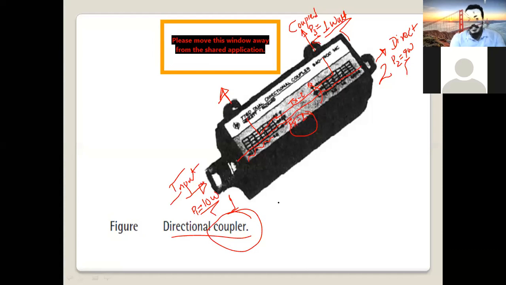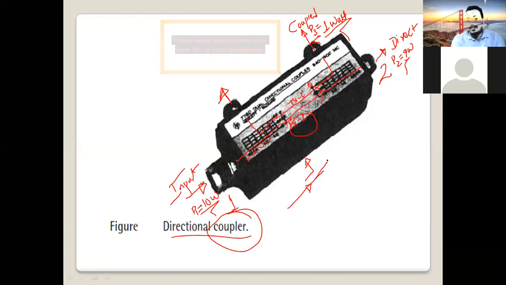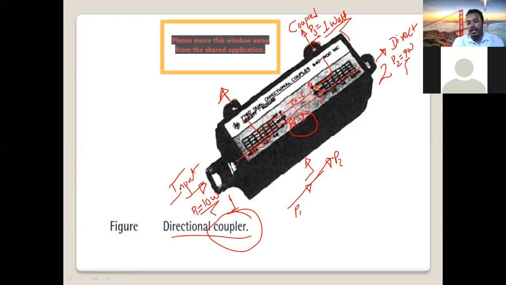So this signal, which comes from the input port, is now divided into 2 parts. One part goes to port 3, the remaining goes to port number P2. So this is P1, input power, P2 is direct transmission, P3 is coupled.